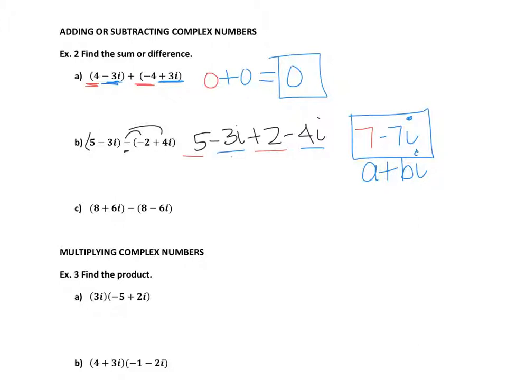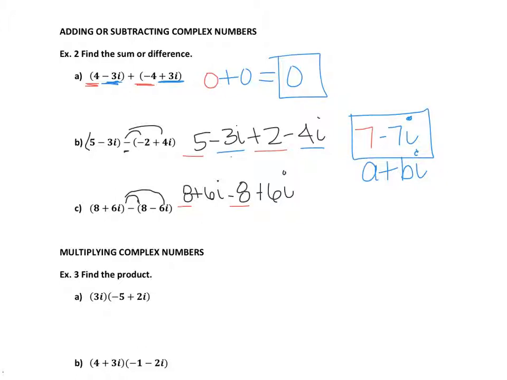I'm going to do another subtraction problem. So again, make sure that you distribute that negative through. So 8 plus 6i minus 8 plus 6i. Again, I'm going to combine my numbers.